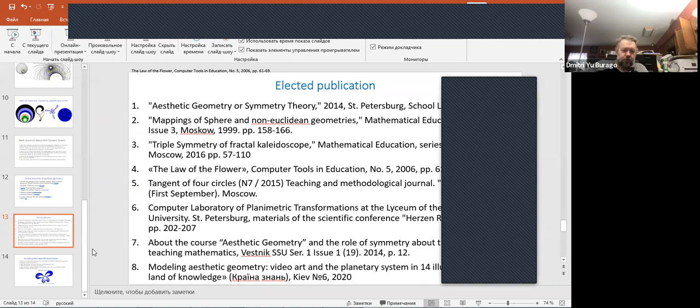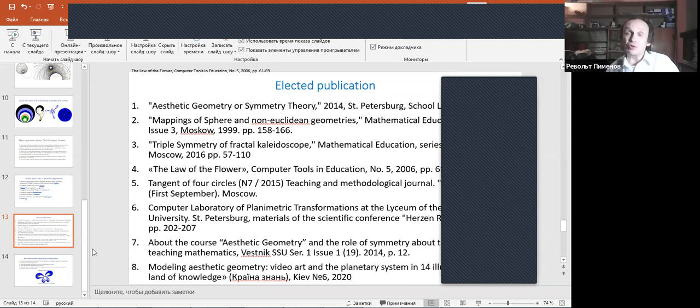It was published in Kiev. Is it in Ukrainian or still in Russian? It was a bilingual edition, Ukrainian and Russian, and for this reason the article is in 2 languages.